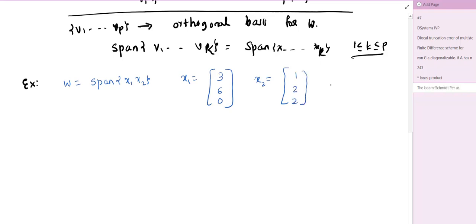So we have to construct an orthogonal basis, say v1, v2, for W.